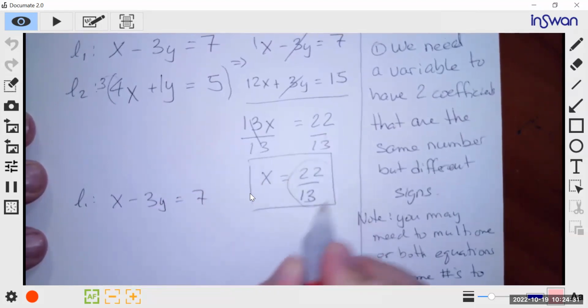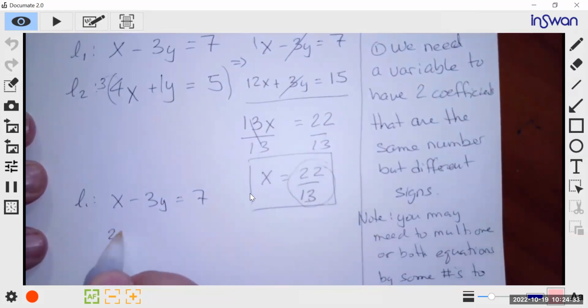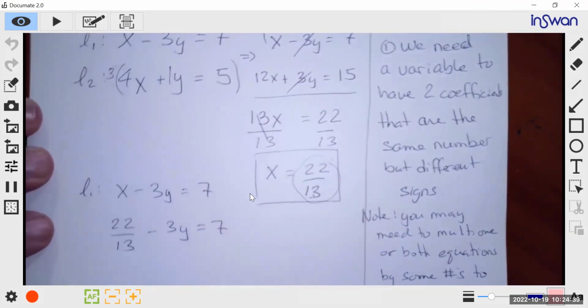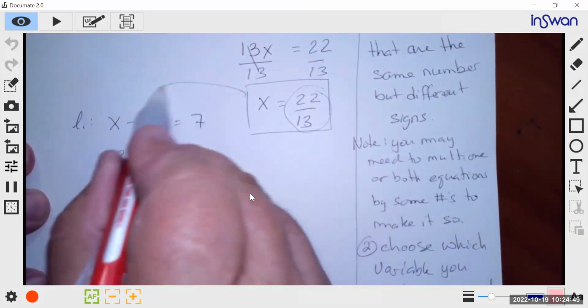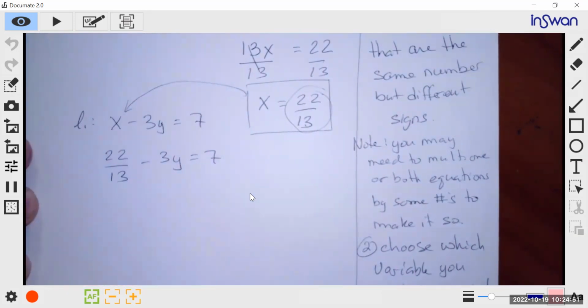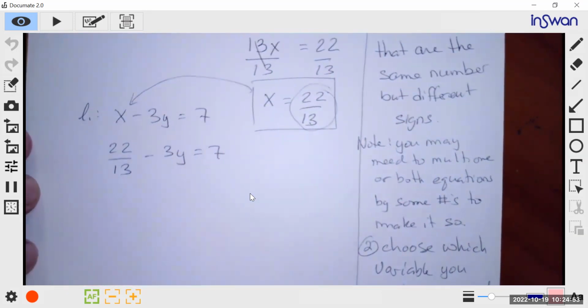And anywhere I see an x, I put a 22 over 13 in there. And I solve for y.